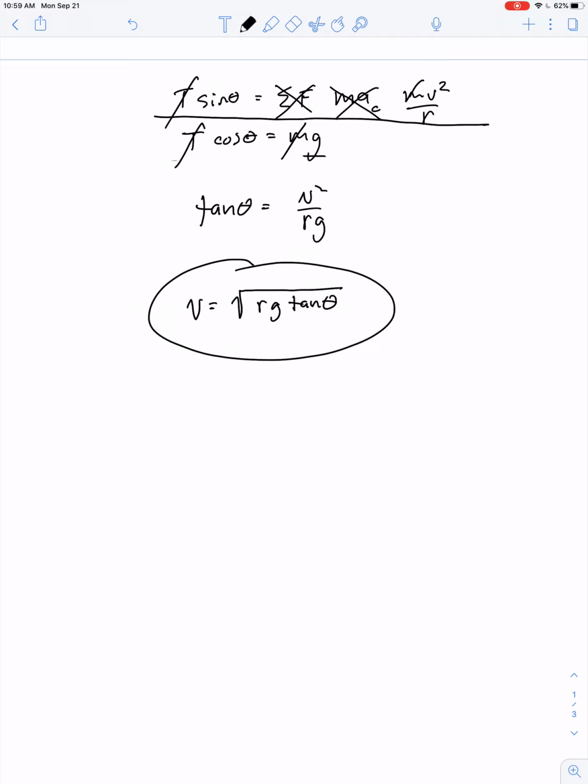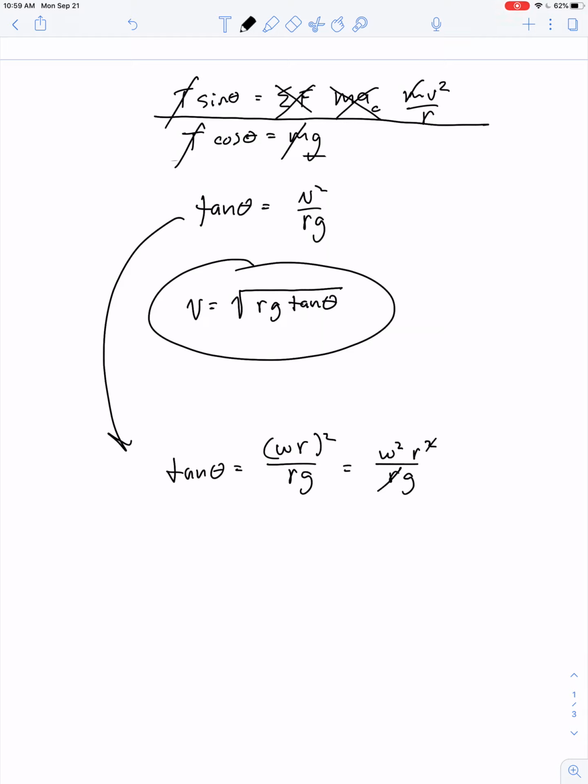All right, what if we were interested in angular speed instead of tangential speed? Then we could write the equation tangent theta is omega r quantity squared over rg, which is omega squared r squared over rg. We can cancel one of the r's.